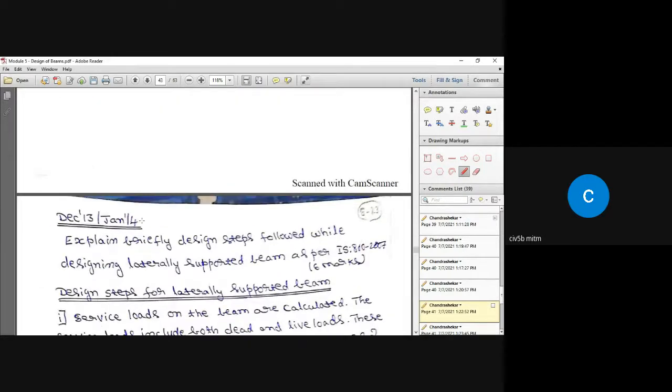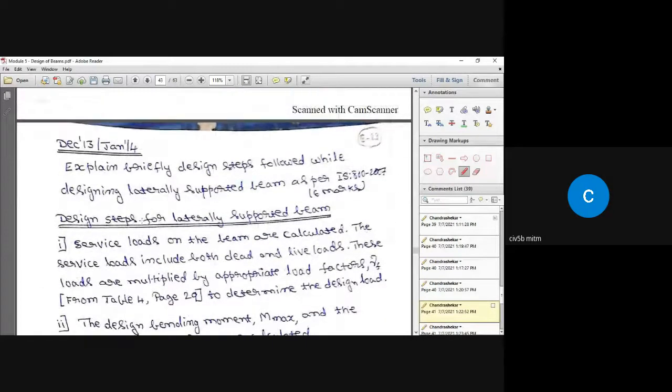With this, I'm going to end this class. Next, I'm going to give the steps we have taken here to solve the problems. That is, the design steps, because in one of the examinations there is a question asking for the design steps for a laterally supported beam.